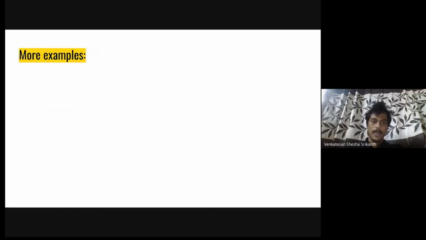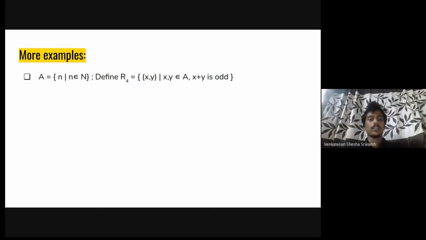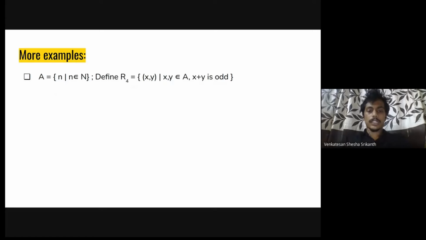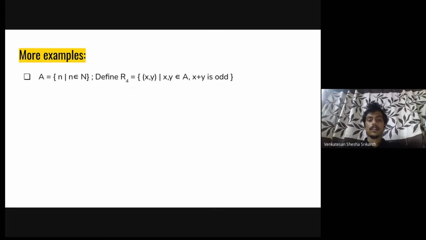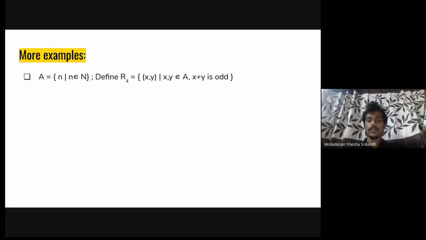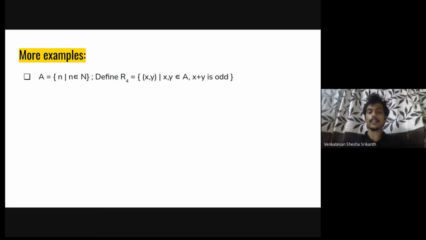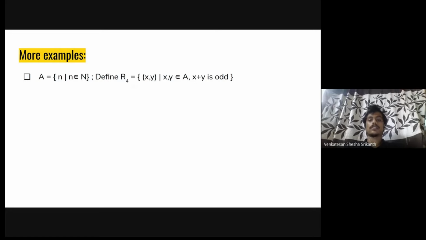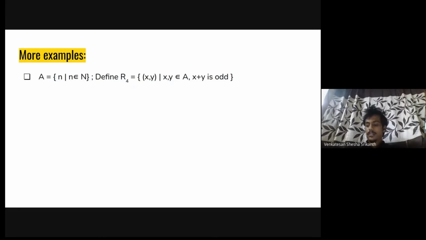Let's look at one more example, which is our very old friend. The set A is the set of all natural numbers, and the relation R4 is defined as the elements (x, y) such that x and y come from A and x plus y is odd. Let's write it explicitly.